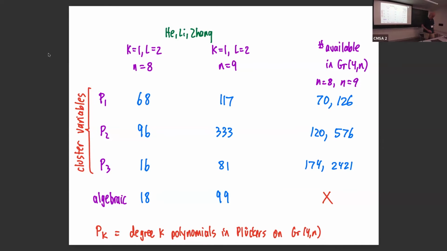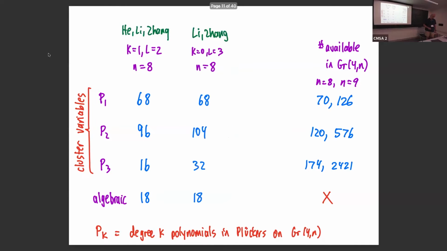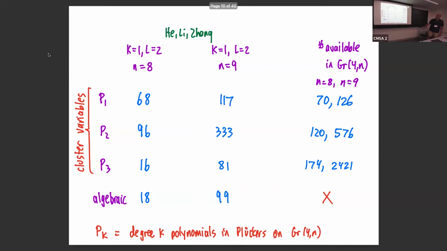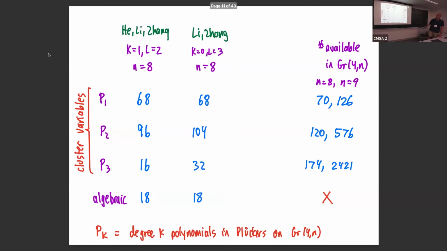Okay, so, continuing along a semi-historical route, here I'm going to keep the leftmost column, but replace the rightmost column by the subsequent calculation of the 3-loop MHV amplitude. It's interesting, these numbers are now directly comparable because both of them refer to n equals 8. I should have deleted this column because it's no longer relevant to this slide.